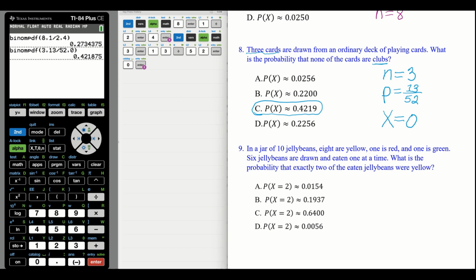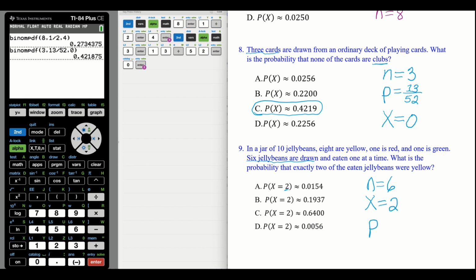What is the probability that exactly 2 of the eaten jelly beans are yellow? Okay, well, they left us a hint. We know what our X is. Okay, and our trials are where we're taking out jelly beans. So our N is 6.